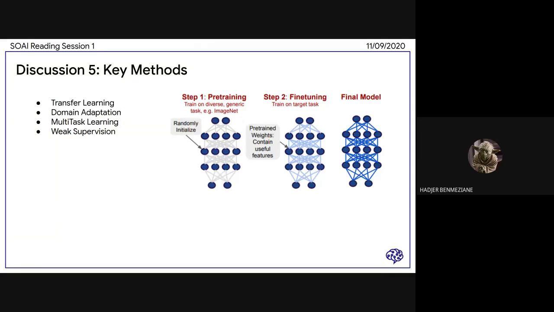For example, I think they give an image application of weak supervision, where we can have a model that classifies the image as, for example, dog or cat, and then we want to create a segmentation, so pixel level labels, by inferring the pixel level labels from the image classification model.